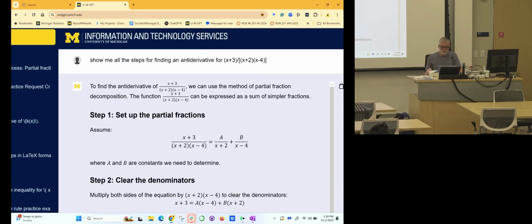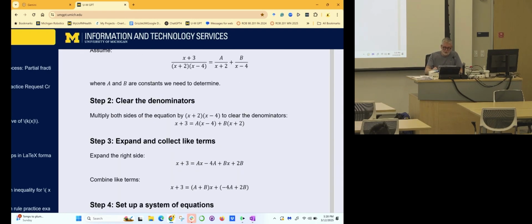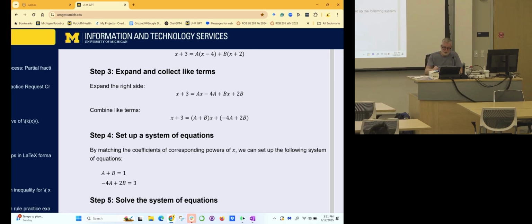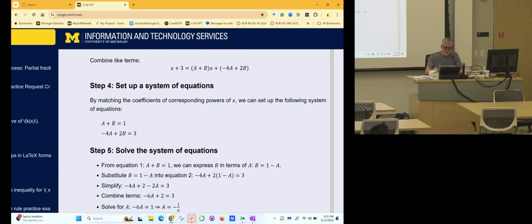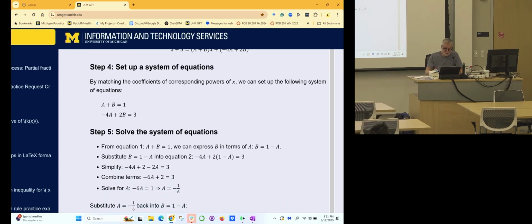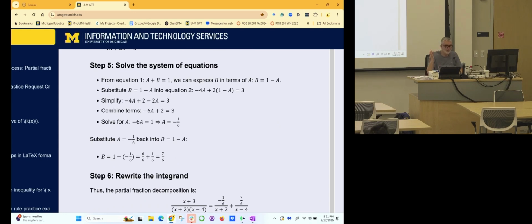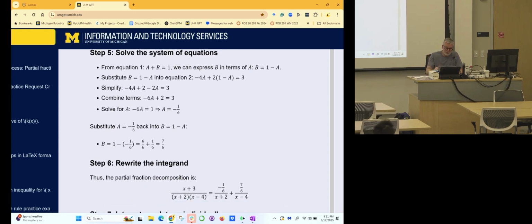It sets up the partial fraction. It used A and B instead of k1 and k2. It clears the denominators just like we did and sets up the simultaneous equations. It shows you how to solve the equation. Aren't you thrilled about that? But you can plug them in and check.